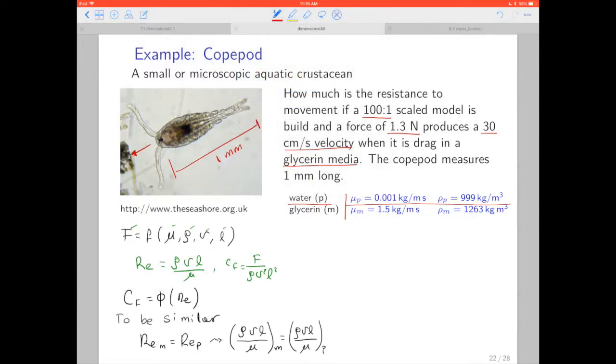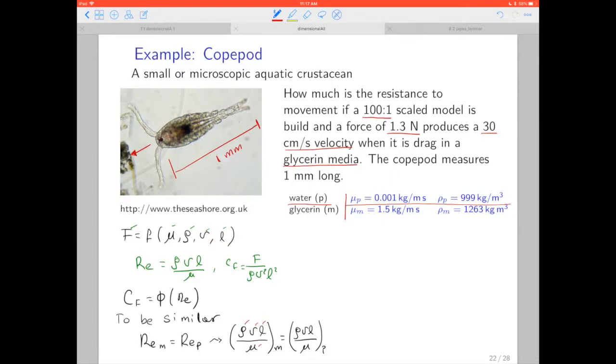Okay, so let's see what we have. For the model, it is the big scale that we construct. So we know that it is going to be water, so we know the properties of the water, density and viscosity. We know the velocity is going to be 30 centimeters per second, and we know the length. Well, the length is going to be 100 millimeters because it's a 100 scale.